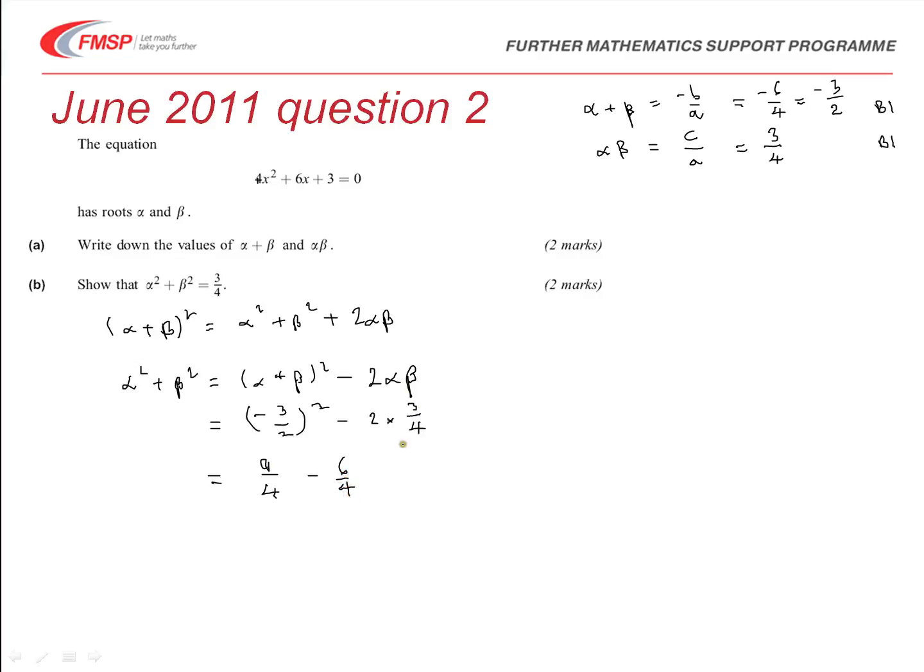Remember, in 3/4 times 2, it's only the top part that's multiplied by 2. Now we can think of the 2 as being 2 over 1. And so this then becomes 3 over 2 as required.